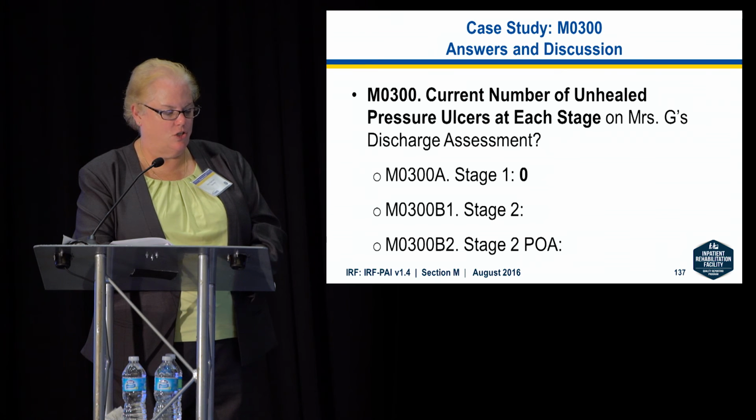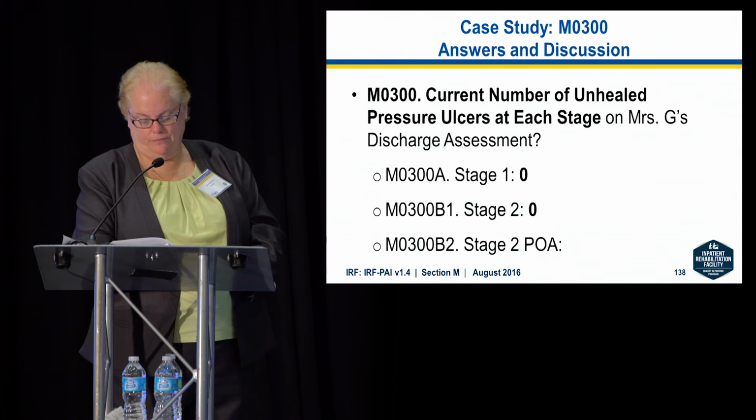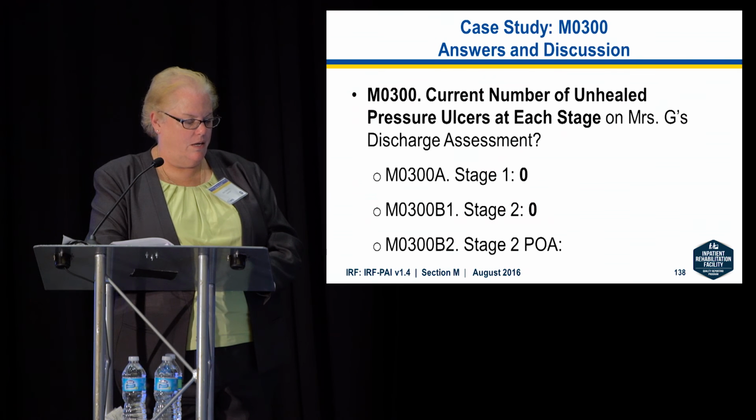Okay, how about stage 2? 0. Okay. Yep, discharge assessment. There you go. Good. M0300B2, stage 2 present upon admission? Skip. Okay. So we're skipping because there weren't any stage 2.